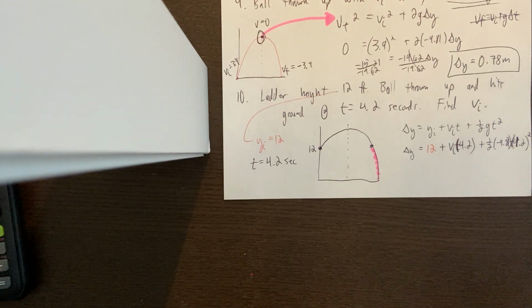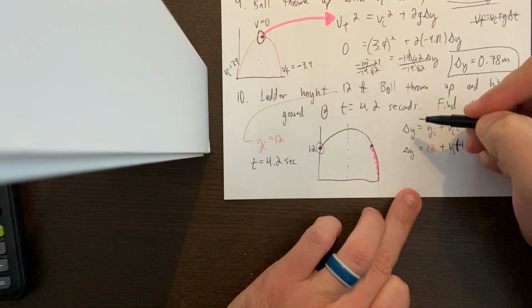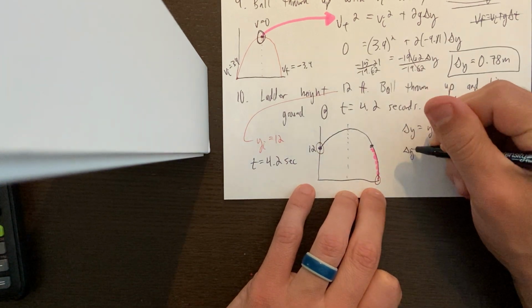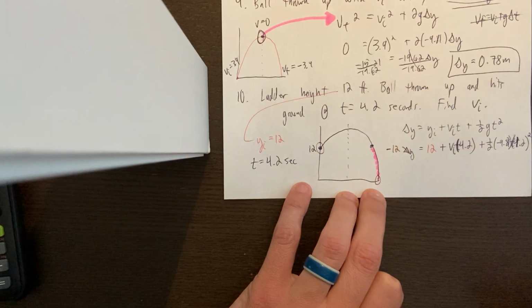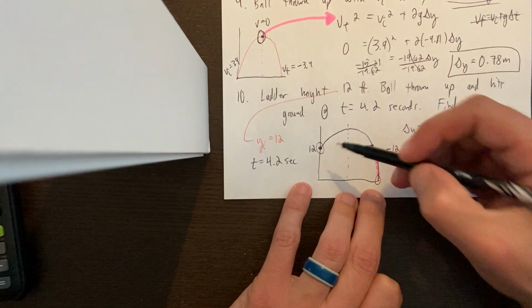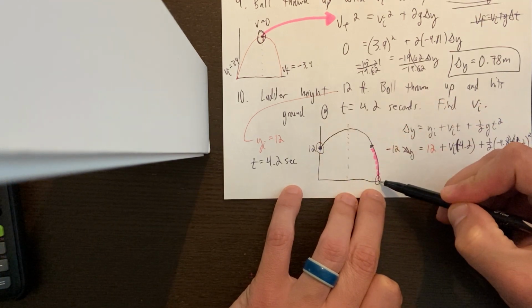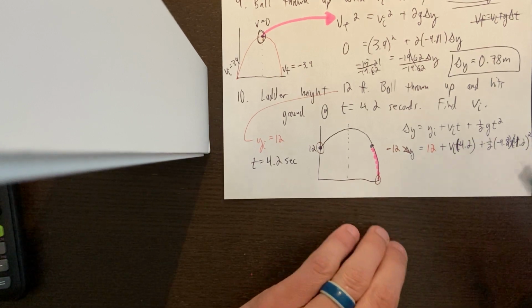The answer is yes, because the ball started here and ends up there, which is exactly 12 feet lower than it started, right? So the ball covers a displacement of negative 12 feet over the 4.2 second interval. So very tricky question there.